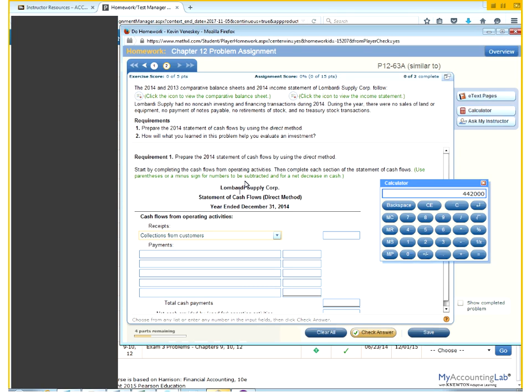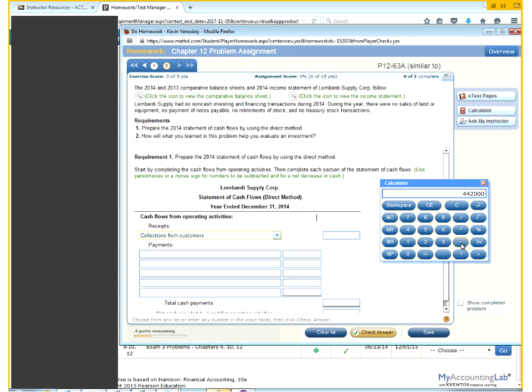So we got our sales revenue, and then we've got the accounts receivable. And we've got a difference there of $9,700. So I'm going to take the 442 sales revenue, and my accounts receivable for the year went up. So I never even collected that extra $9,700.